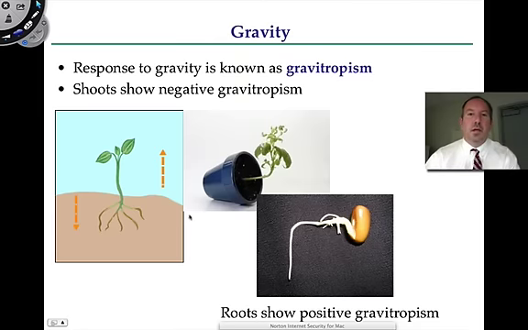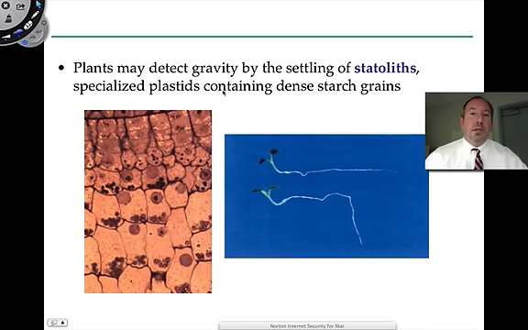We believe, and I say we believe because the book isn't completely finished when it comes to understanding how plants react to gravity, that plants may detect gravity by the settling of tiny organelles called statoliths. These structures are specialized plastids.